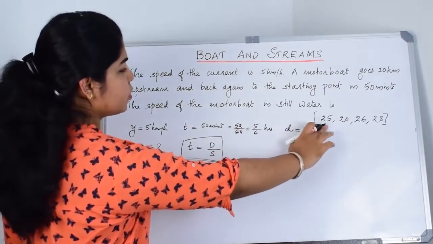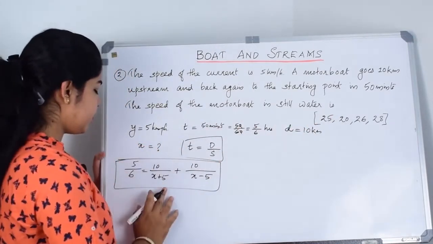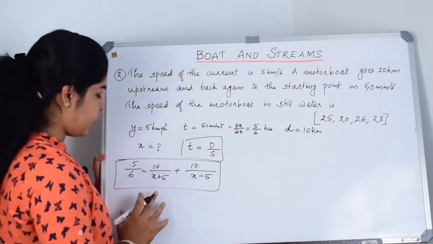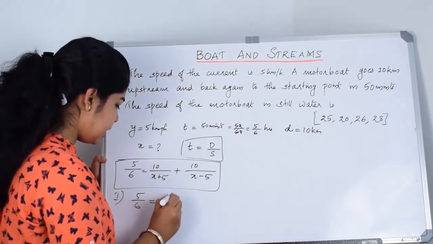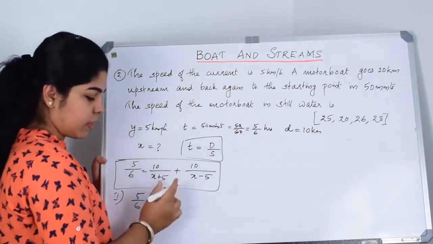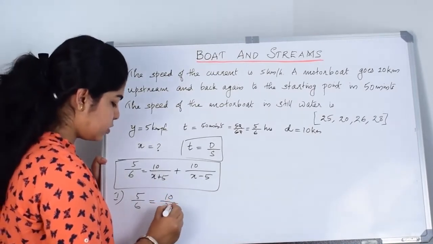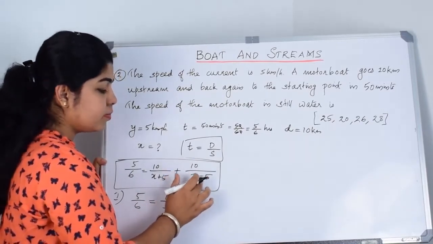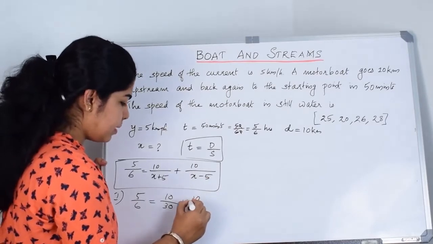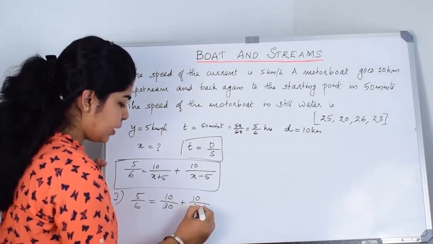So I am taking the first option, which is 25. So I am giving the value of x as 25. I am taking the cases, first case. So 5 by 6 is equal to 10 by 25 plus 5, that is 30. So 10 by 30 is here. Then 10 by 25 minus 5, that is 10 by 20.